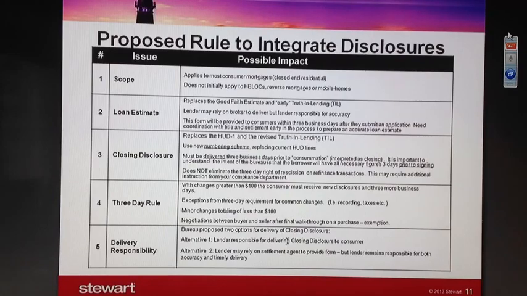So these 7 areas I want to focus on here. So one is the scope of the new rule and the new disclosures. So at the moment, it applies to most consumer mortgages. 99.9% of what your clients are going to be dealing with, closed-end residential mortgages, this has application to. And initially, it will not apply to lines of credit, and it will not apply to reverse mortgages or mobile home financing.